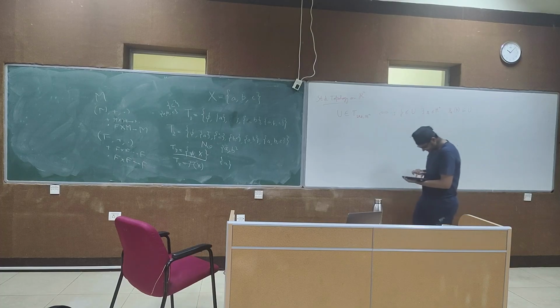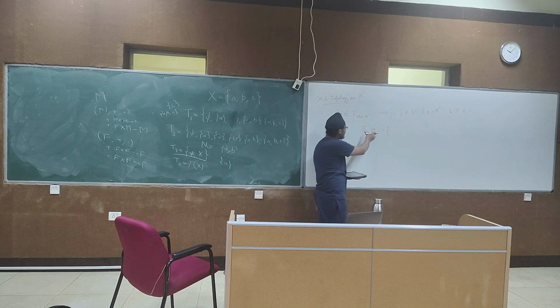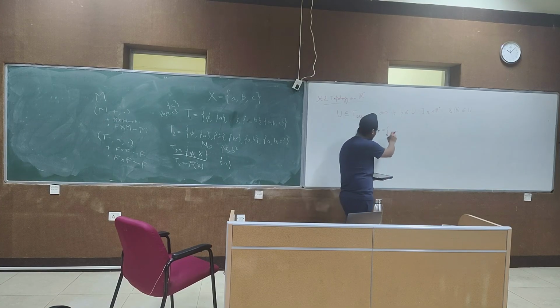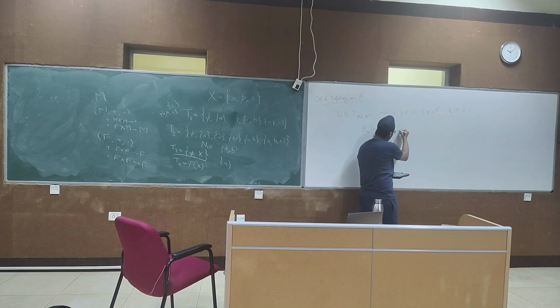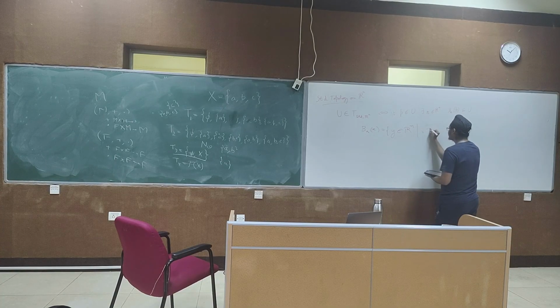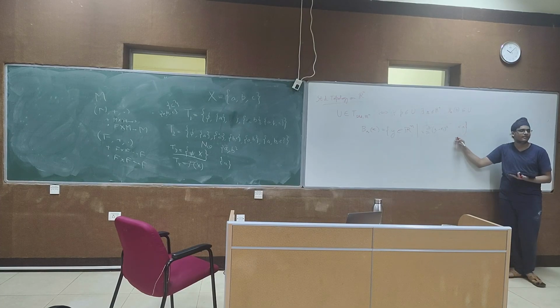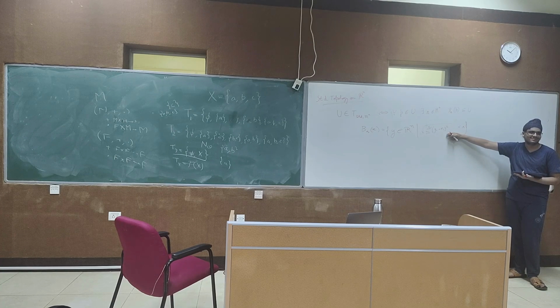I will define it. An open ball of radius r around the point x is the set of points y belonging to Rn such that the distance between y and x is less than r. Okay, so this is the definition of open balls.